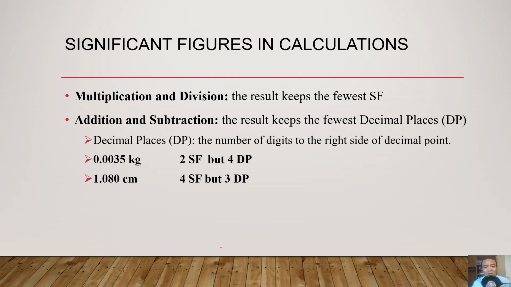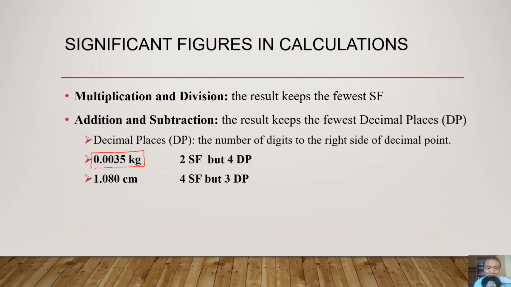A little bit of review before we talk about how to keep the correct result for different calculations in terms of significant figures. For example, in this measure number, which is a mass over here, you have two sig figs, because for sig figs, you start counting from the first non-zero, which is number 3. For decimal places, you look at the decimal point.